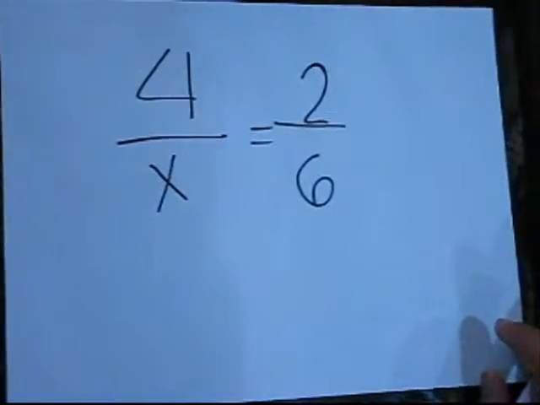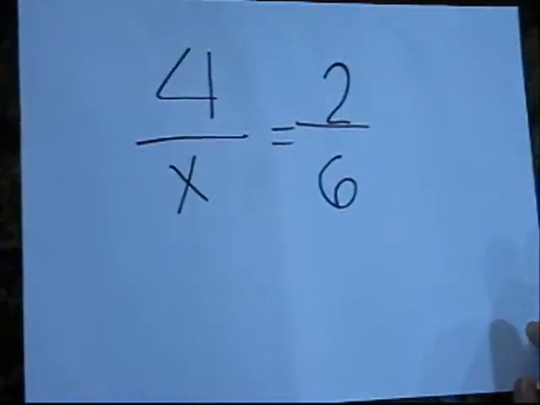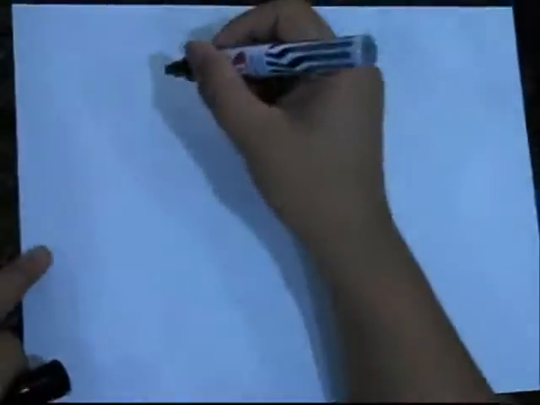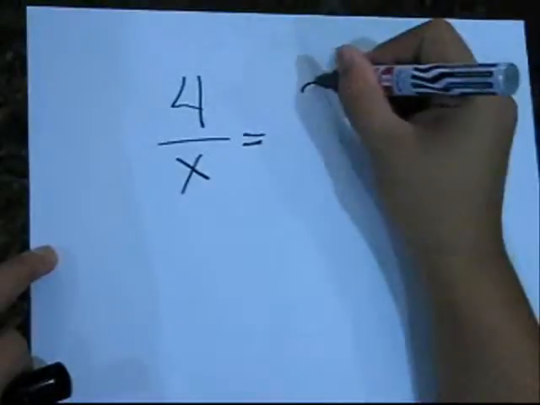Example, find the value of x in the proportion 4 is to x as 2 is to 6. We have so many solutions. The first one is using the means extremes product law of proportions. We have 4 over x equals 2 over 6.